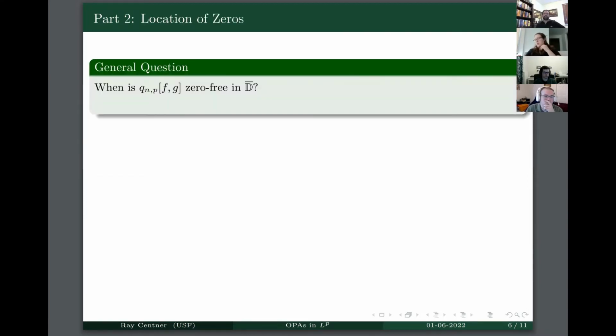That leads me to the second part of the talk, where I'm now concerned about zeros of these objects. So when is q n p f g zero free in the closed disk? We already know part of this answer. At the very least, we know that if f is in H2, and f does not vanish at the origin, q n 2 f 1 is zero free in the closed disk.